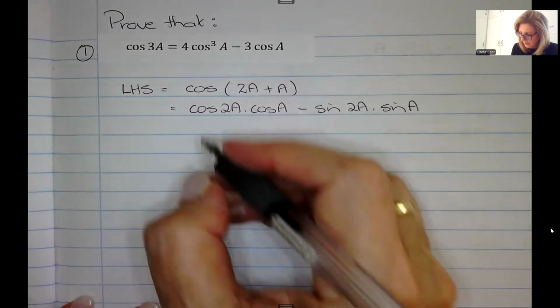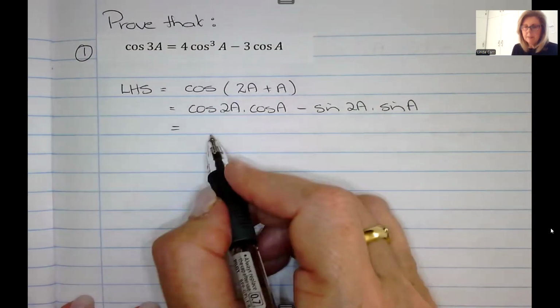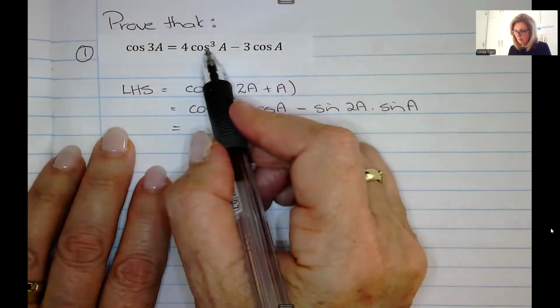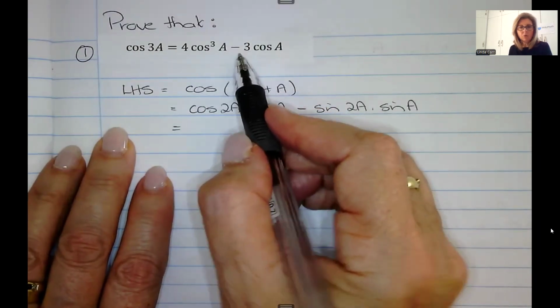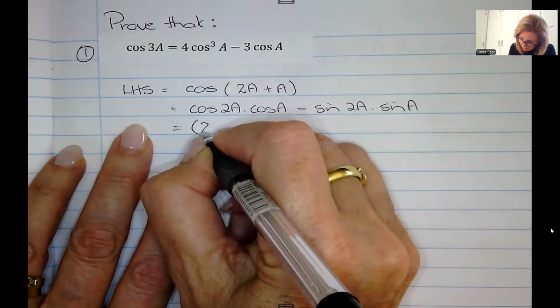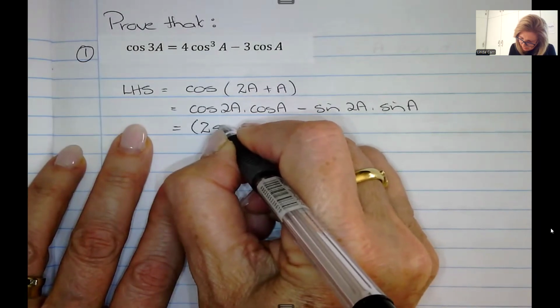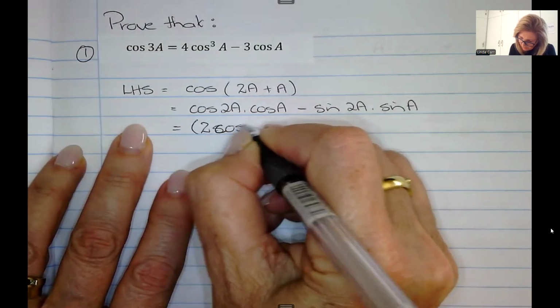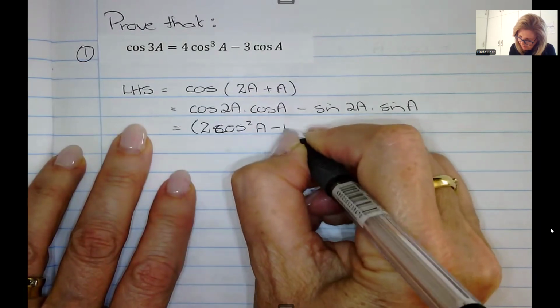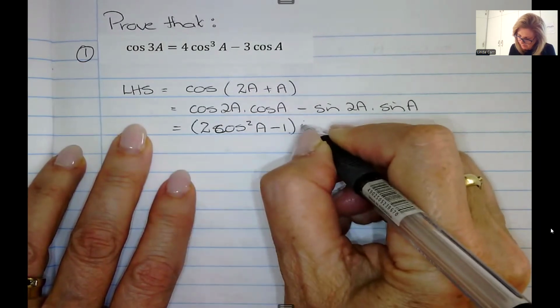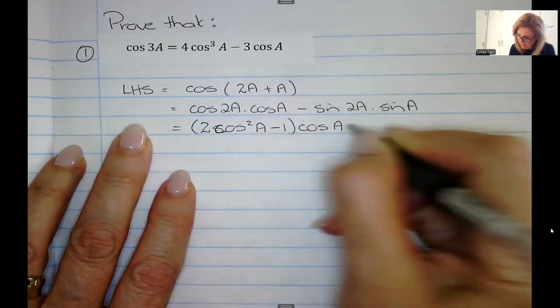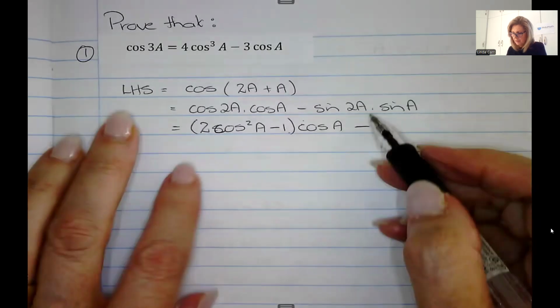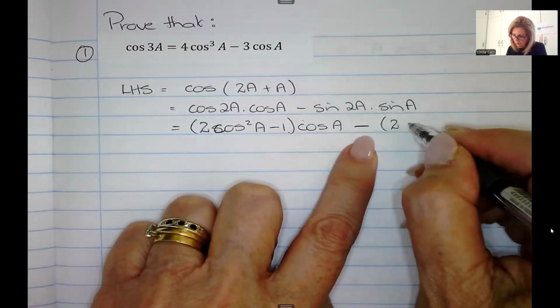Okay. My choices for the cos double angle are going to be affected by what I see on the right, all cosines. So I'm going to be brave and stick with the cos squared A minus 1 times cos A. Sine 2A, I have no choice.